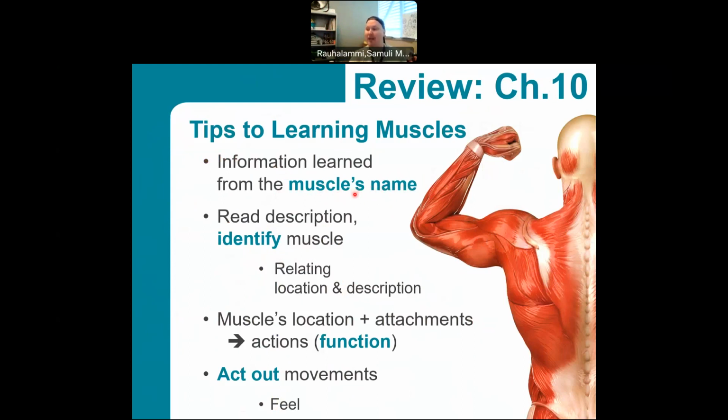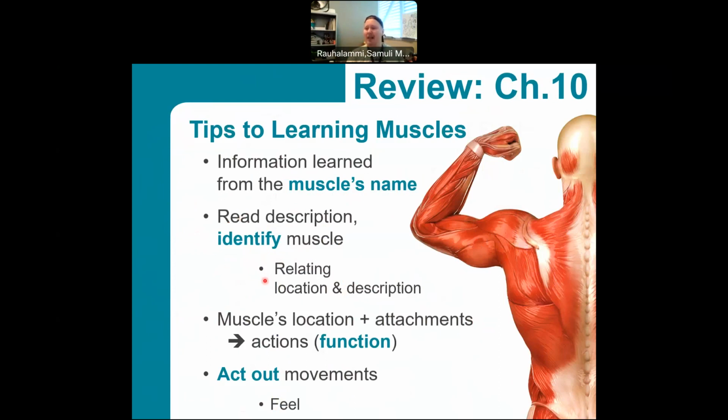But I really encourage you to use the muscle's name as a tool. Don't just rush through it and memorize it, but take the time to really think about what each part of the name of a muscle means. I also encourage you to read the description that comes with that muscle, especially in those tables that your textbook offers. Try to identify the muscle.